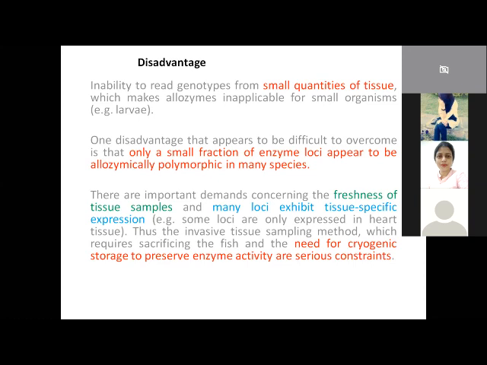So you need a fresh sample. If an older, smaller sample is there, you cannot go for allozyme analysis. Suppose you have taken a sample and the travel takes 3 to 4 days from your site of sample collection to your laboratory. Then you cannot go for allozyme.